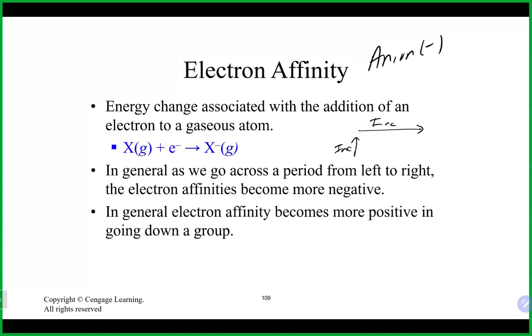Remember that electron affinity should not be confused with something like electronegativity that we also talked about when we talked about bonding. Reminder that electronegativity is different, and that's the ability of an atom to attract electrons to itself.